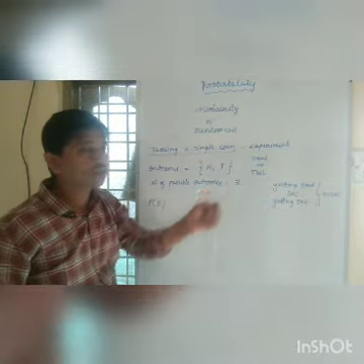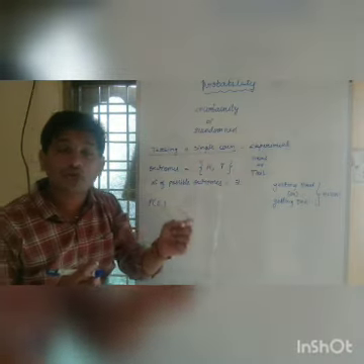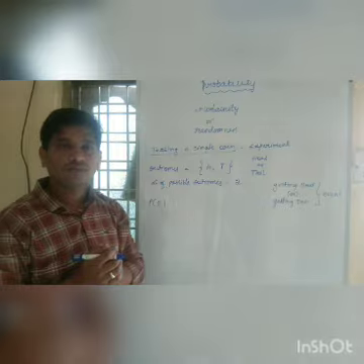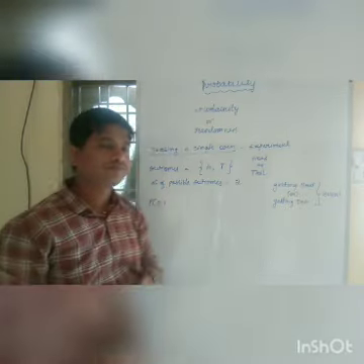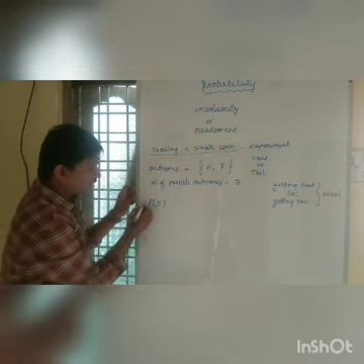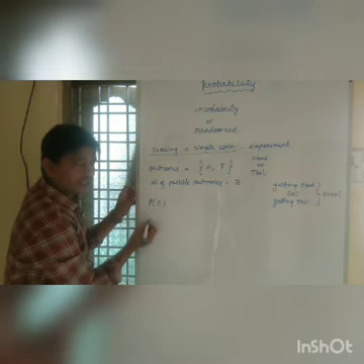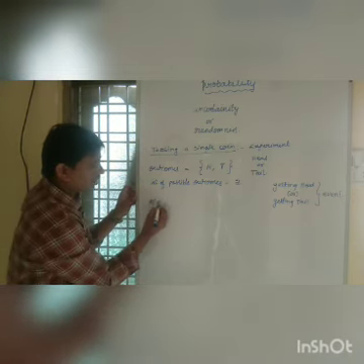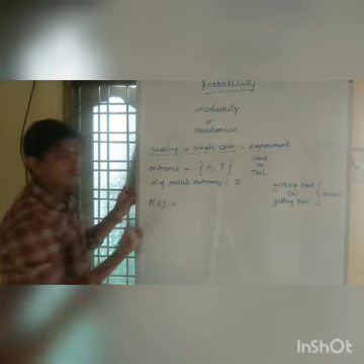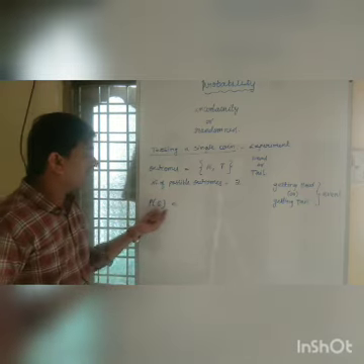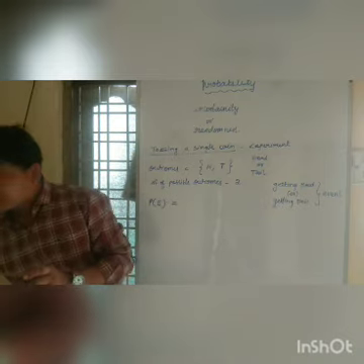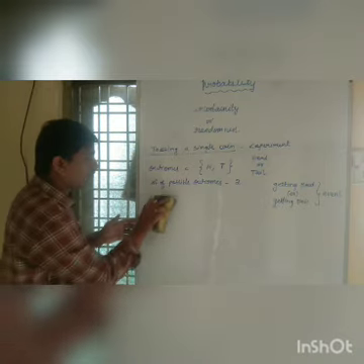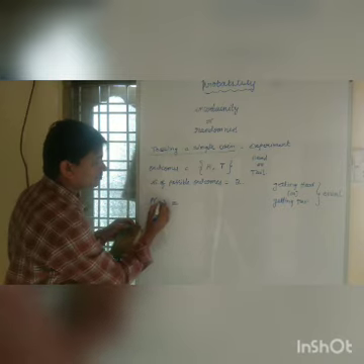Tossing a coin is called an experiment, and getting head or tail is an event. This P indicates probability of E, in the sense event. So the probability of getting a head.